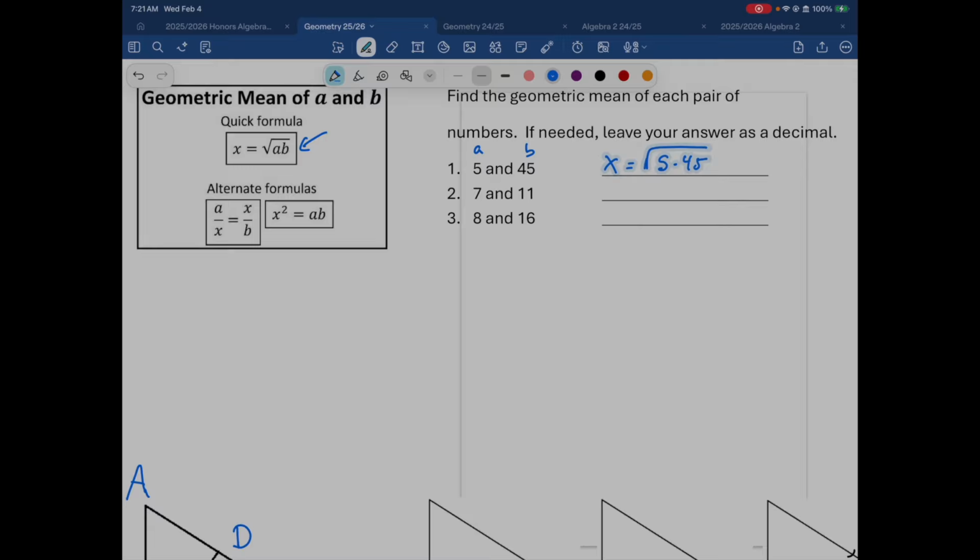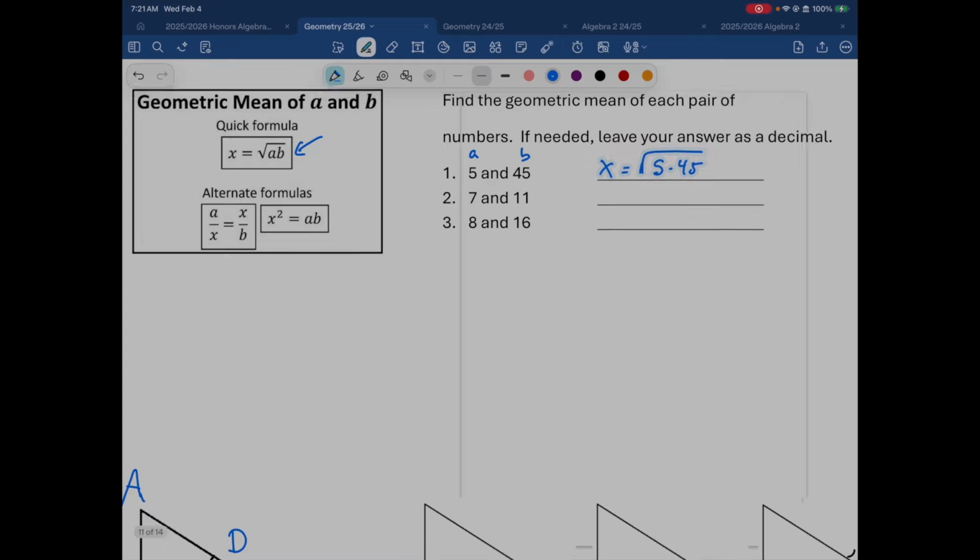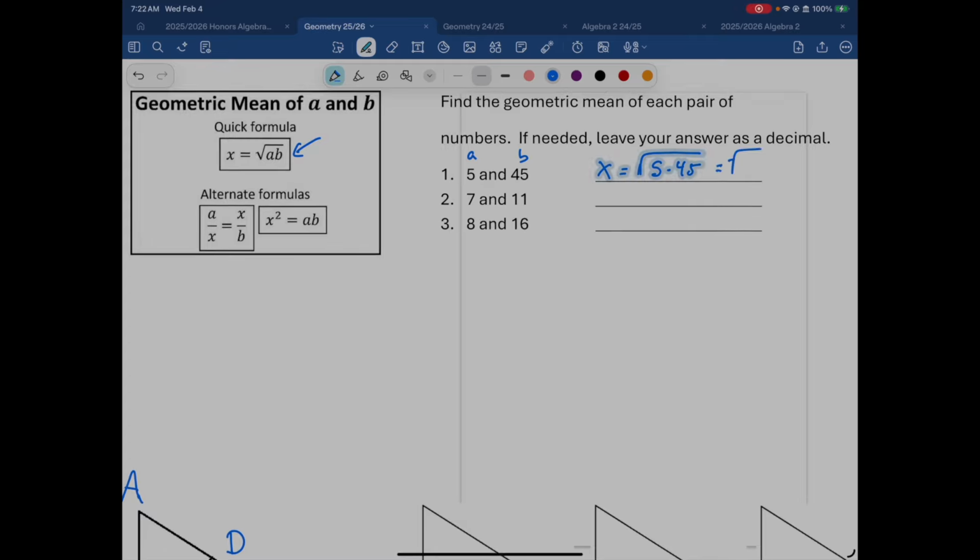Grab your calculators out, do 5 times 45. You get 225, so you get the square root of 225. Punch that in your calculator if you need to. The square root of 225 is 15. So the geometric mean for 5 and 45 is 15.